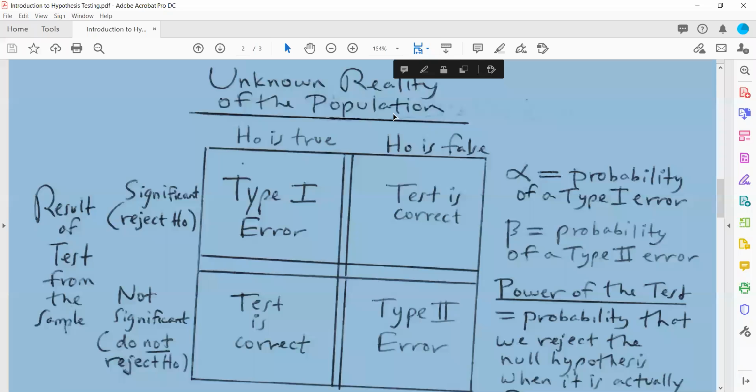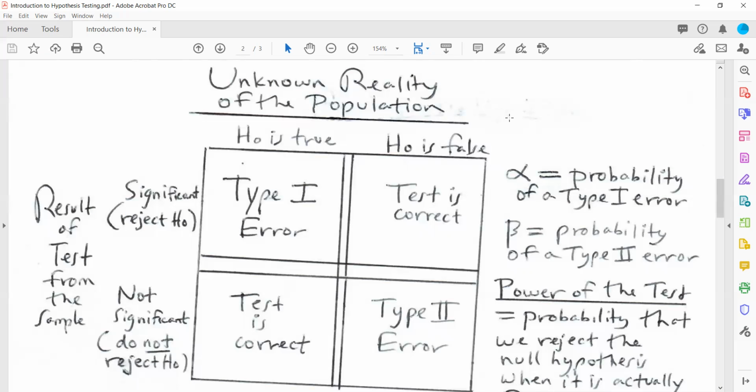If we knew it, why bother doing statistical testing? So this unknown reality is either the null hypothesis is true or it's not true. There's only two possibilities. We don't know which one it really is, but we're proposing that the null hypothesis is true up front.